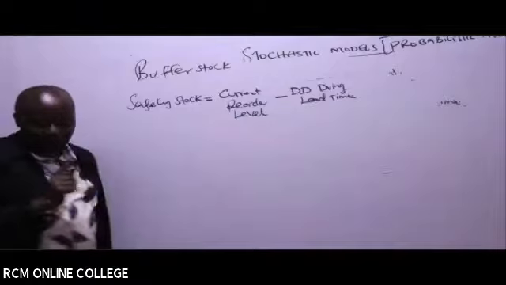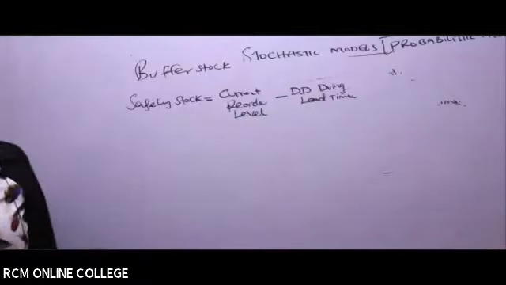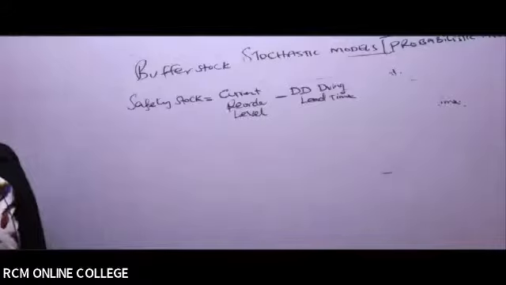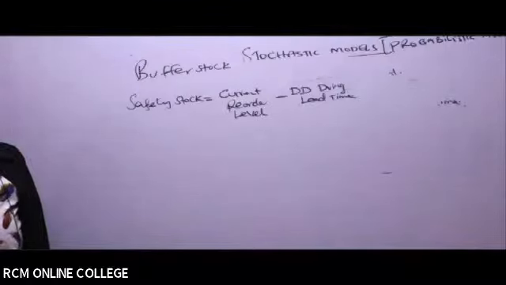Actually, that definition has an issue. Allow me to repeat, and then you can delete. We need to change something there. It is a minimum additional inventory held above the demand during lead time.